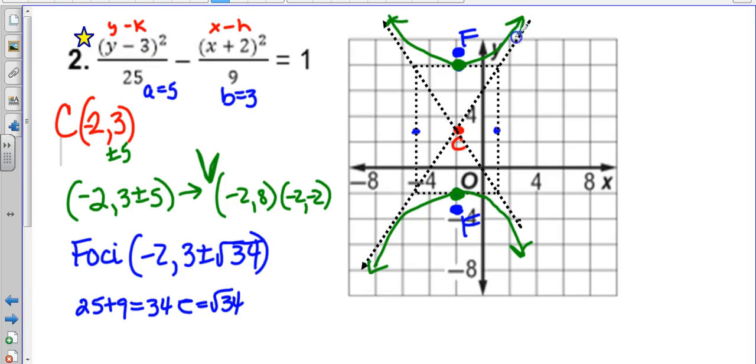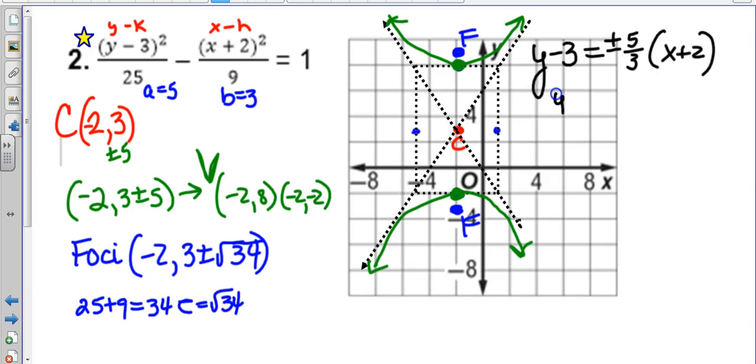Y minus 3 equals the slope, which is what's under the y over what's under the x. So I get what? 5 over 3. And then it's x minus h, which it said right up there was just x plus 2. And I'm going to be really nice and let you leave it in that form.